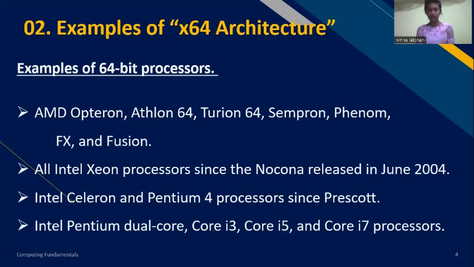All Intel Xeon processors since the Nocona released in June 2004. Intel Celeron and Pentium 4 processors since Prescott. Intel Pentium dual core, Core i3, Core i5, and Core i7 processors.